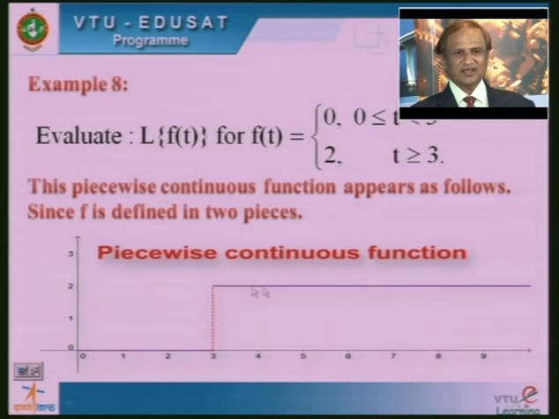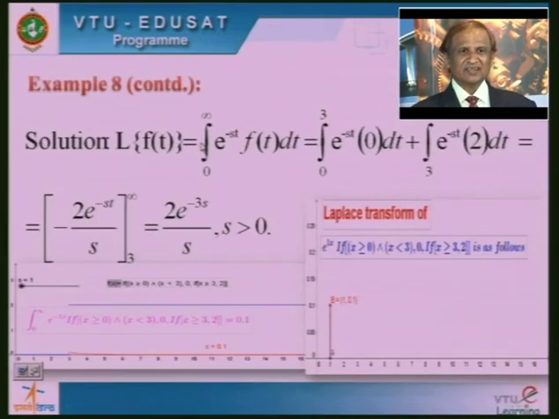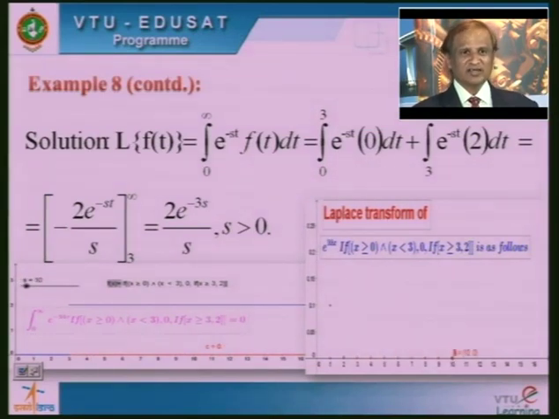Now I want to find the Laplace transform of this piecewise continuous function. How are we going to find it? So far we have not obtained the Laplace transform of this type of function. Either it was a single term or more than one term, and then we obtained the Laplace transform.